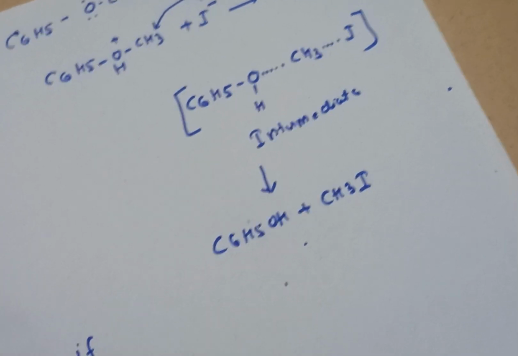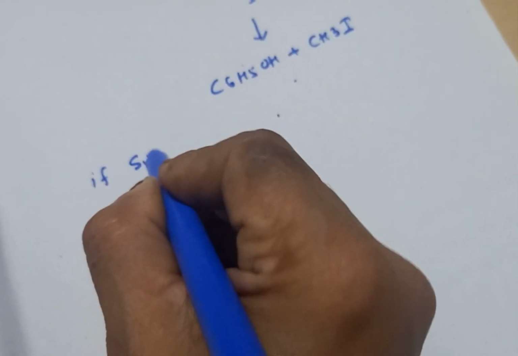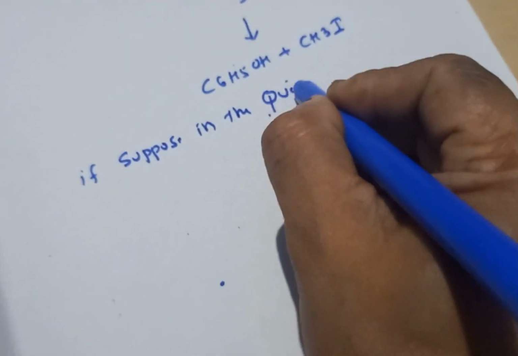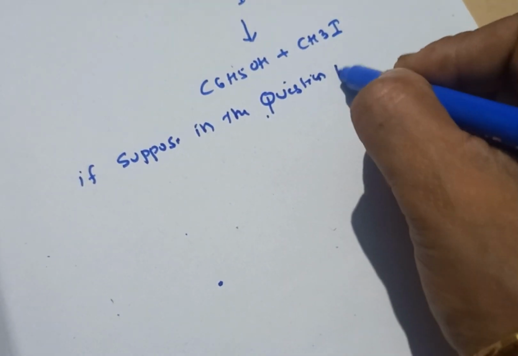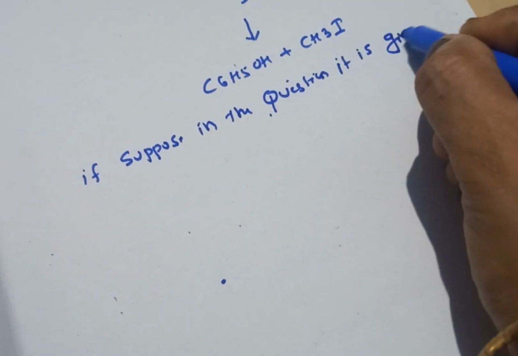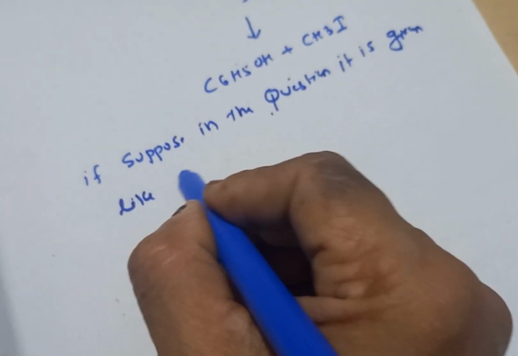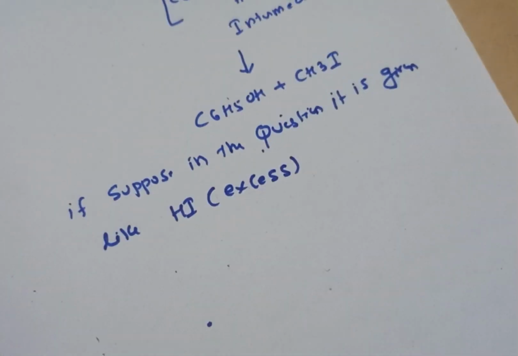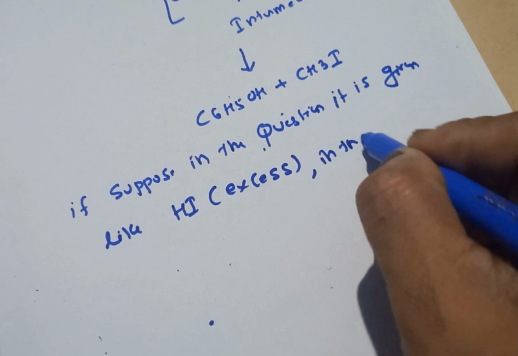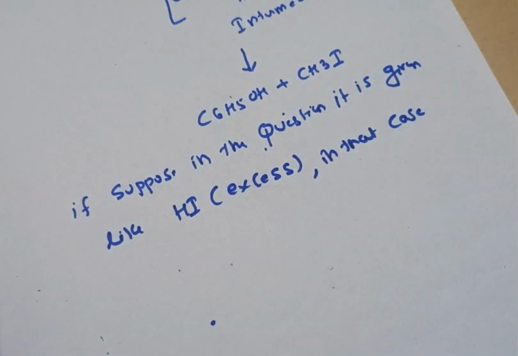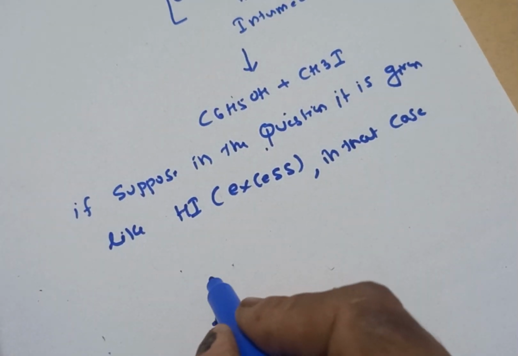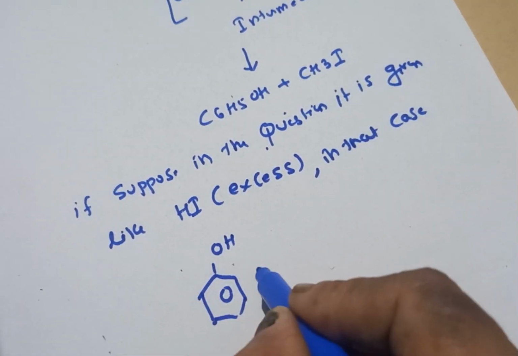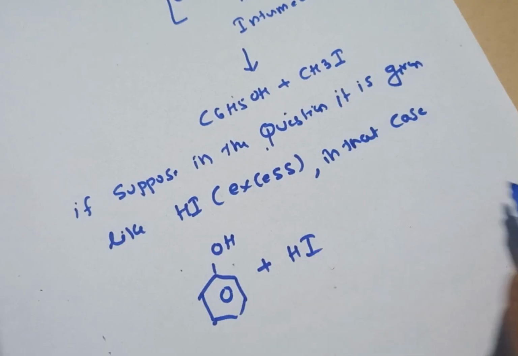Suppose in the question it is given like HI, but in the bracket it is given like excess. In that case, this phenol reacts with HI.